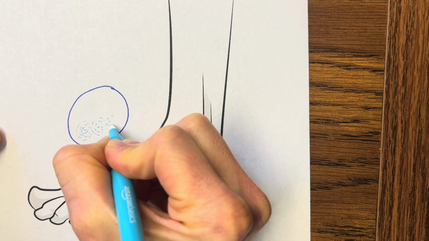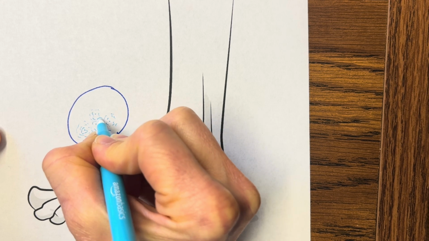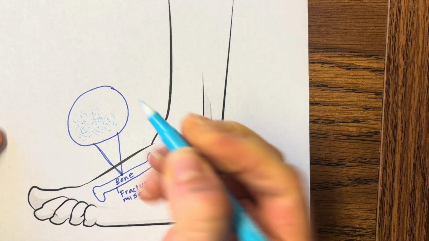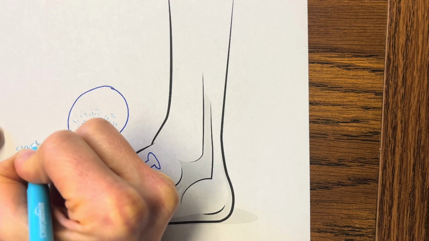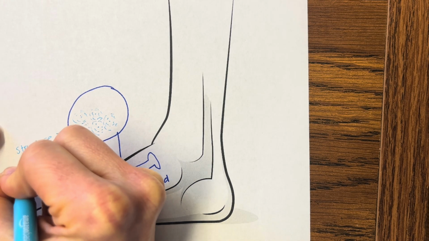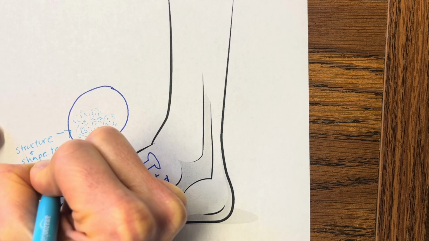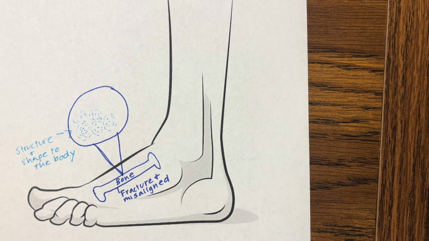And so these bone cells, their function is to provide structure and shape to the body. And we know that the bones were injured because of the fracture and the misalignment detected on the x-ray.